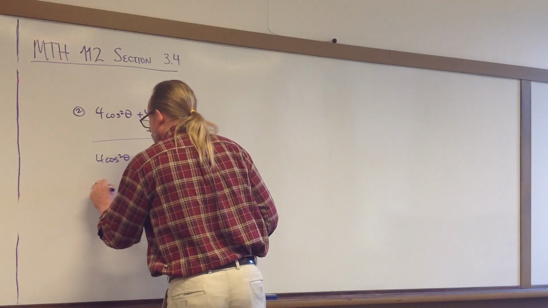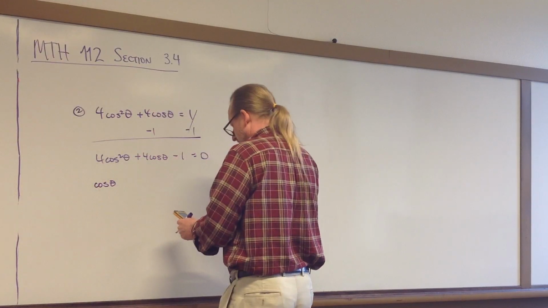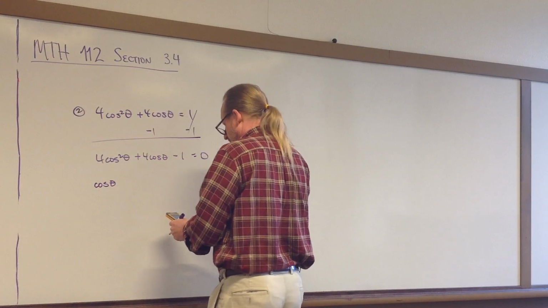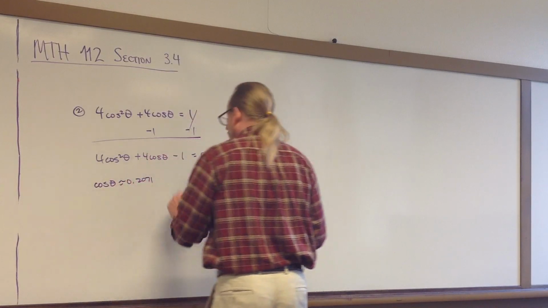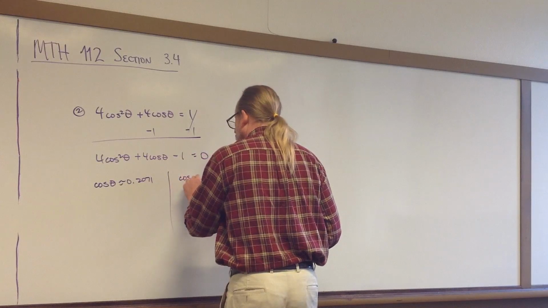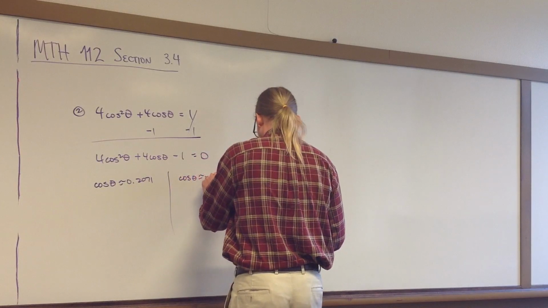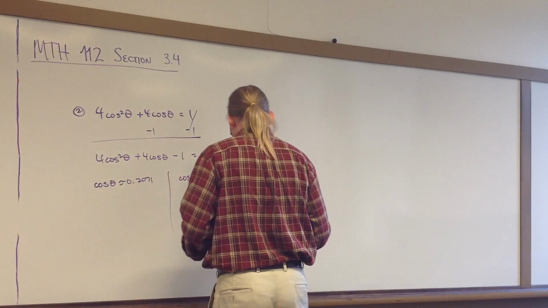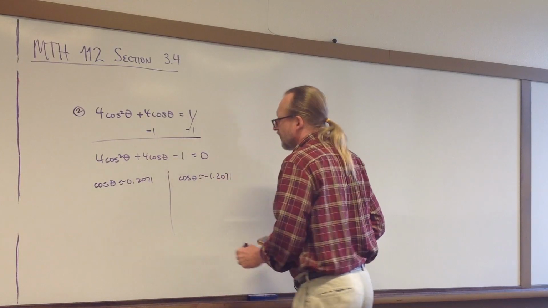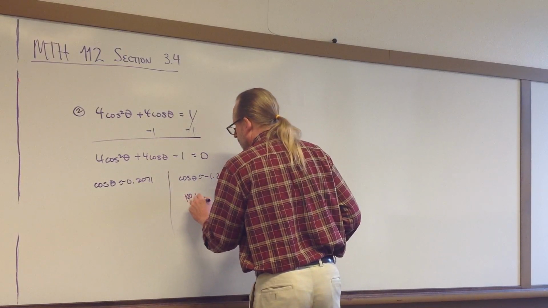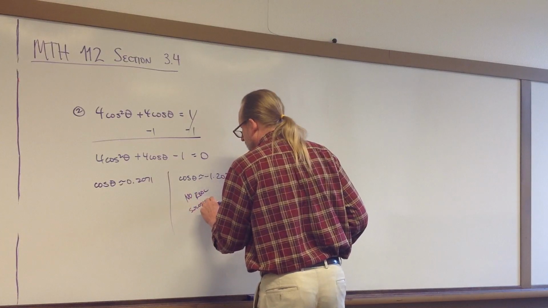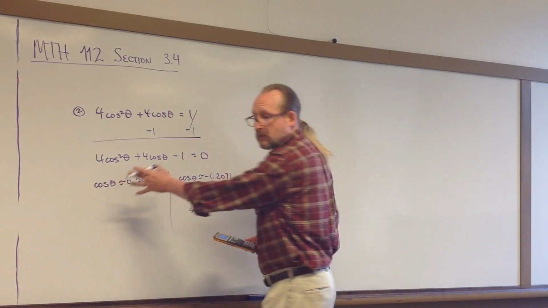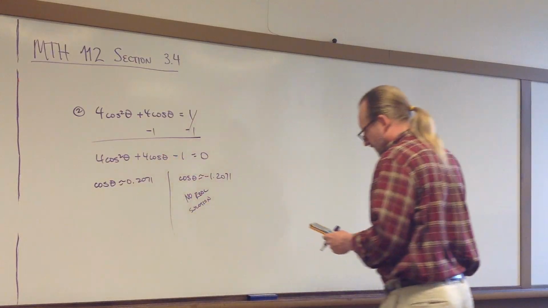That gives us solutions of cosine theta is approximately 0.2071, or cosine theta is approximately -1.2071. So this one is going to have no real solution, and you don't necessarily need to write that down because we will get solutions from the other one.